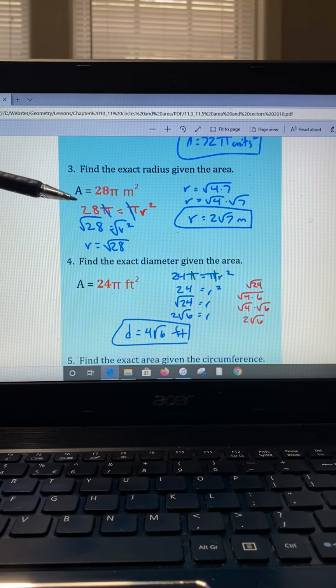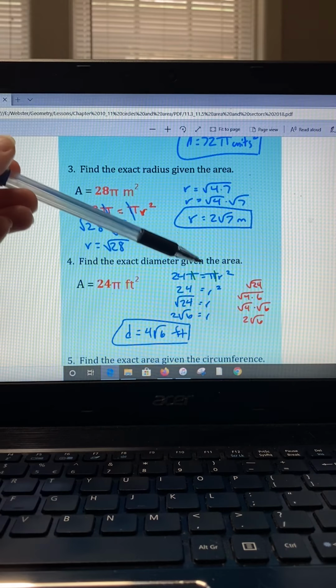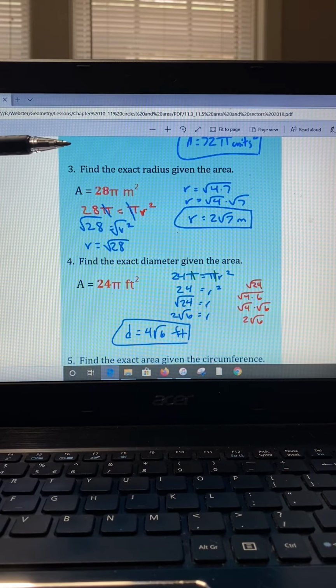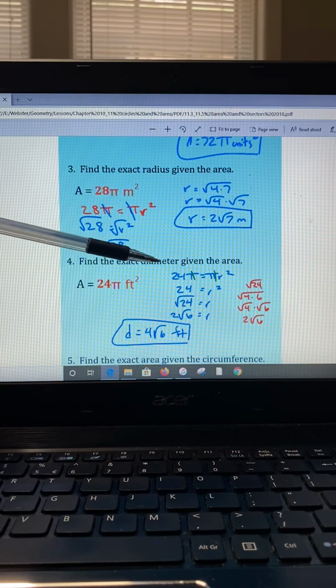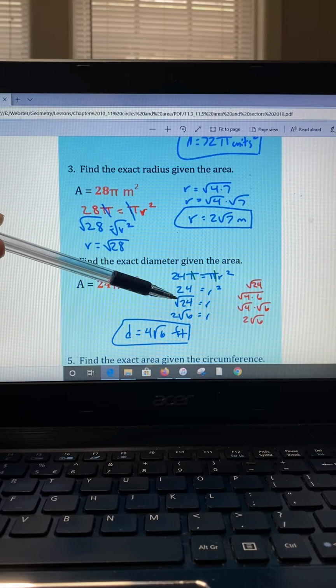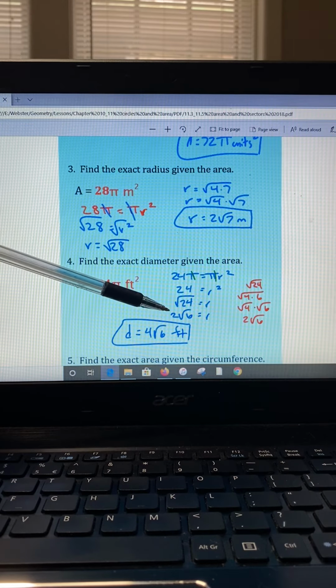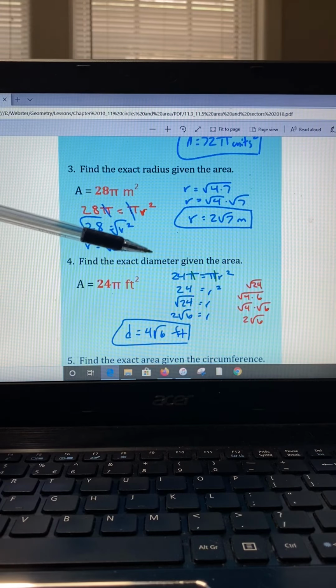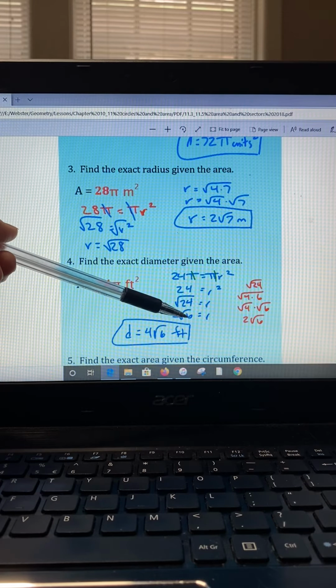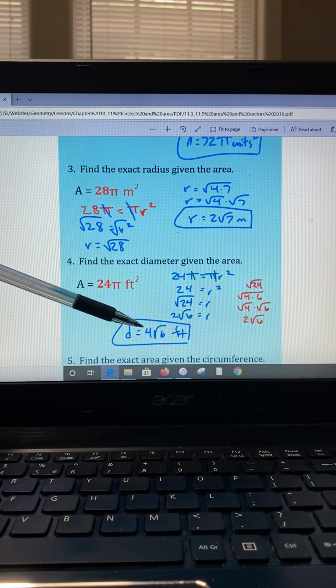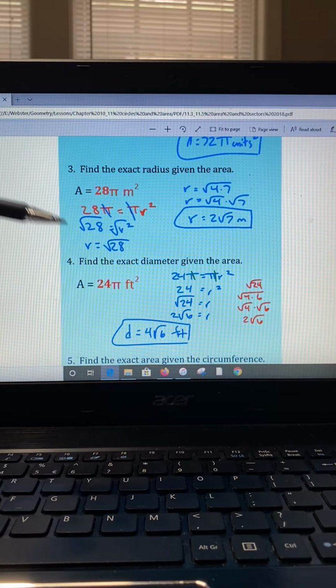Same thing again, you set 24 pi equal to the area formula, and then solve for the radius. Again, it's not a nice whole number. You get the square root of 24, which simplifies to 2 root 6. I asked you for diameter though, so you have to double this. When you take 2 root 6 times 2, you don't double the 6, you only double the 2. That's where I'm getting 4 root 6.